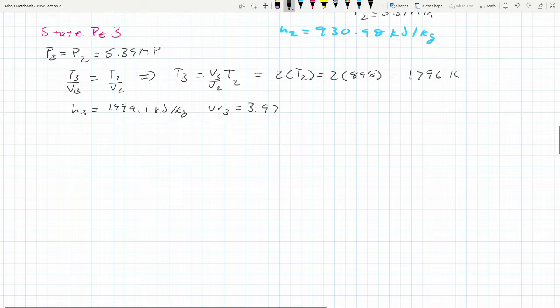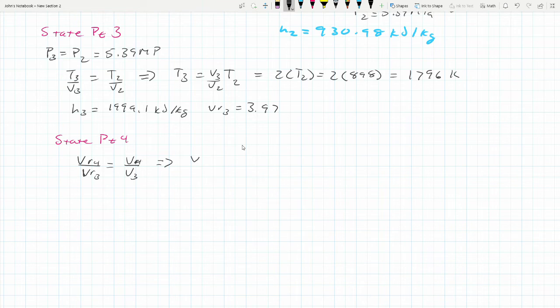State point 4. Okay, so we know that VR4 over VR3 is equal to V4 over V3. So VR4 is equal to VR3 times V4 over V3, which is equal to V4 over V2, V2 over V3, VR3.